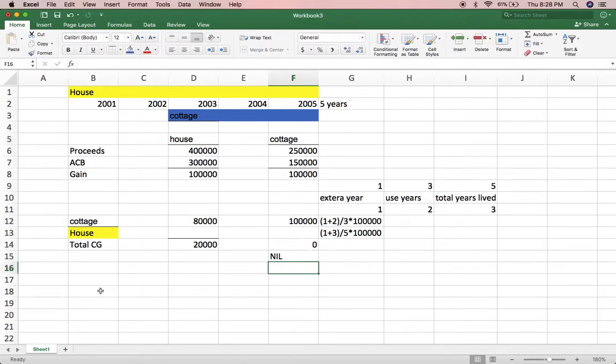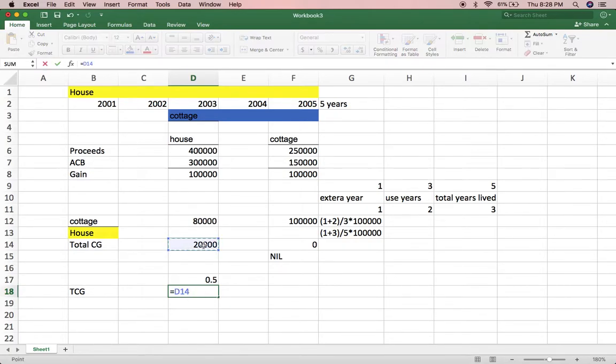So our taxable capital gain is 50% of 20,000, times 0.5, which is $10,000. Our taxable capital gain is 10,000.